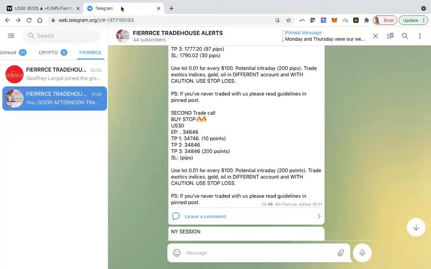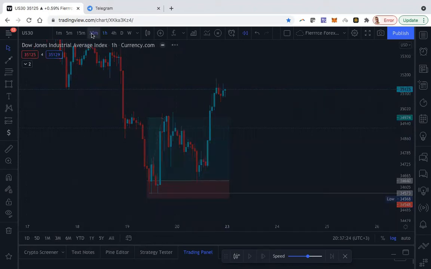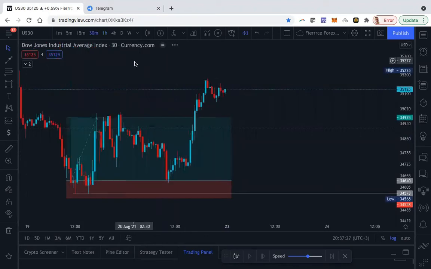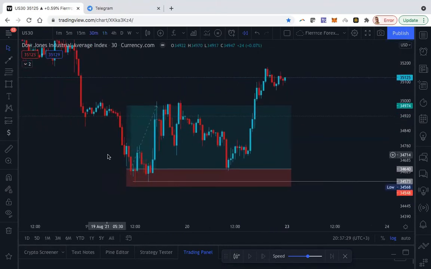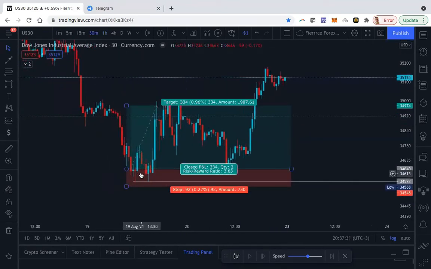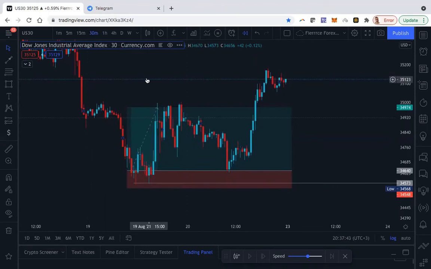I didn't give a stop loss, but it's one of those trades that really didn't meander a lot. Let me go on the lower time frame. At 11, it stuck around the entry and then pushed up.